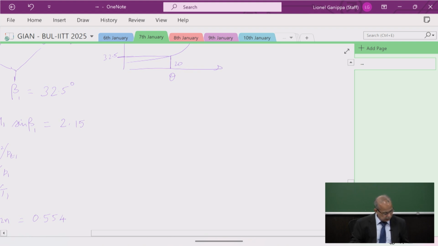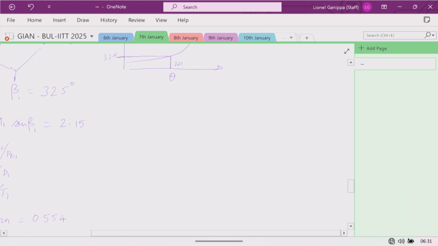But that is how you can calculate it. All of you have solved this problem now? Yeah. Shall we attempt problem number 6?